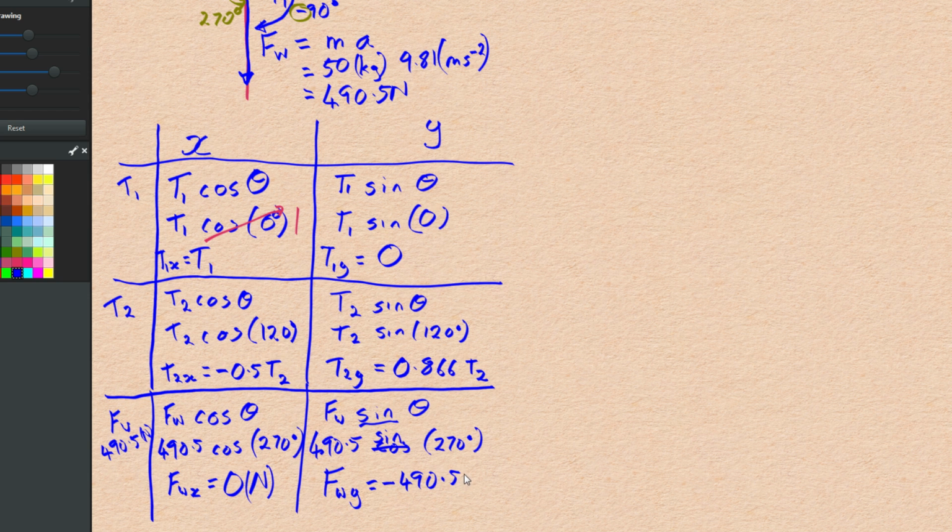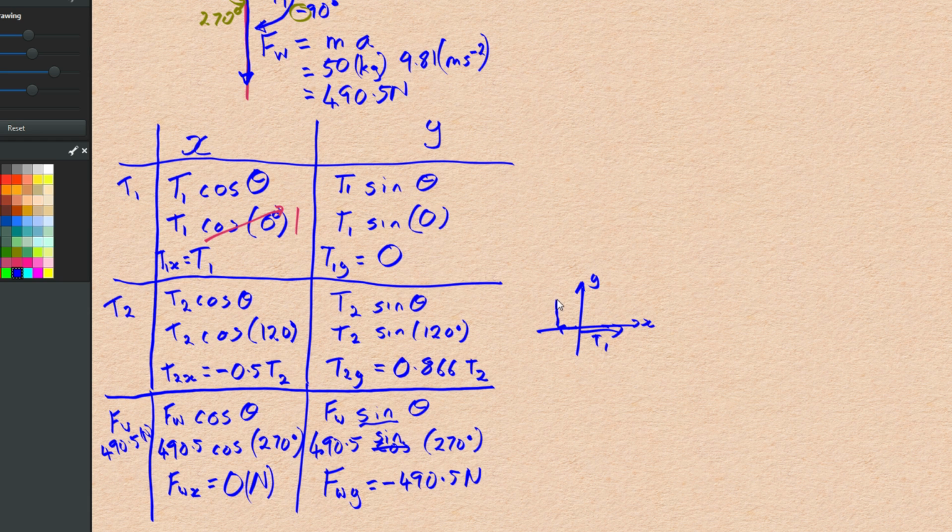Okay, and this would be a complete table. I can tell you from here T1 would be in the positive x direction. If I redrew this very quickly, T1 would be in that direction with no y component. T2 would have a part of it in the x-axis in the opposite x direction.